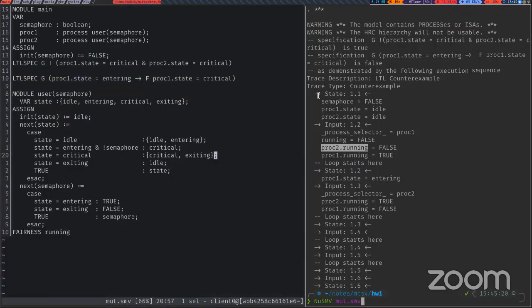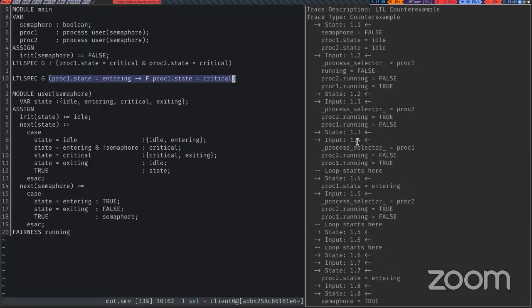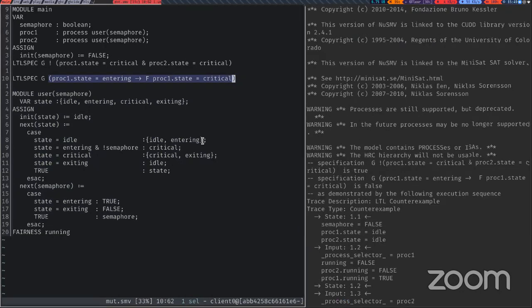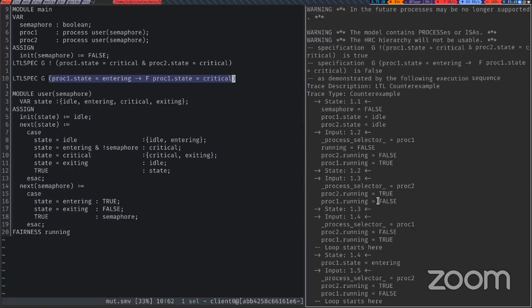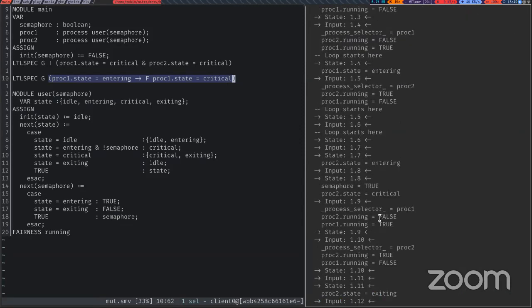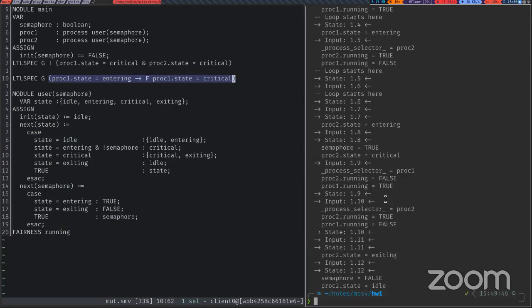Okay, so now we've added the fairness condition. Let's see if our starvation freedom property, this one, is true. It does come up with a counterexample. Let's see. Did it say checked?